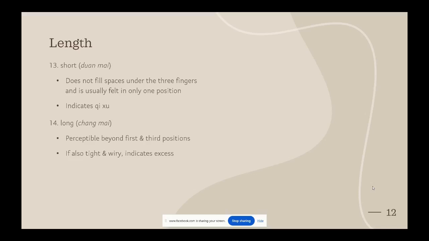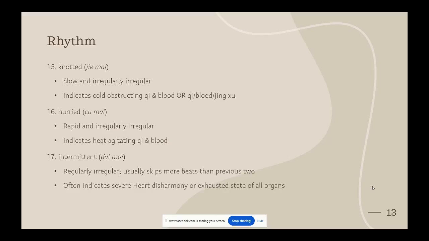Whereas a long pulse is perceptible beyond the first and third positions, and if it's also tight or wiry, this indicates some kind of excess condition. And the last category is rhythm.